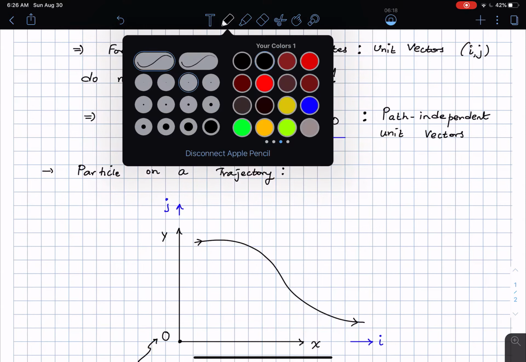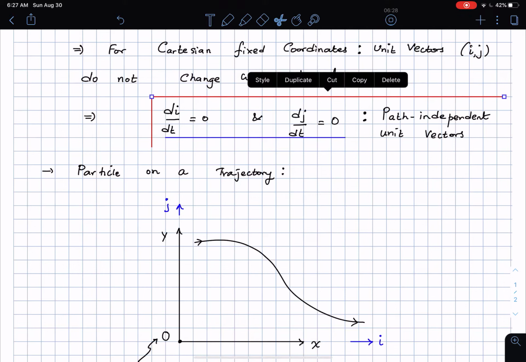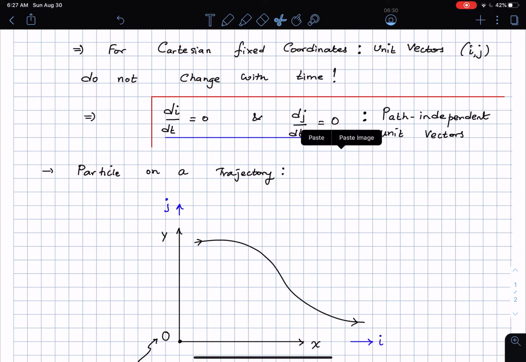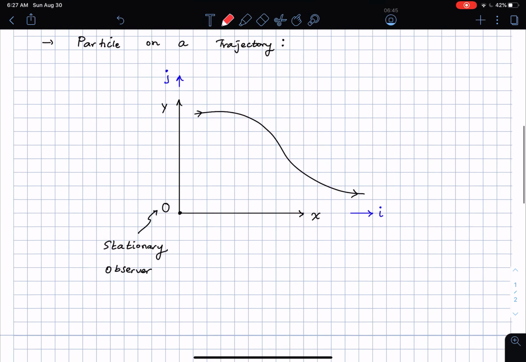I want to maybe put a box around this particular statement itself. I think it's one of the key statements that you will come across many times in dynamics: path dependent and path independent. So we are now encountering the idea of a path independent coordinate frame, a coordinate frame whose unit vectors do not change with the path of the particle.